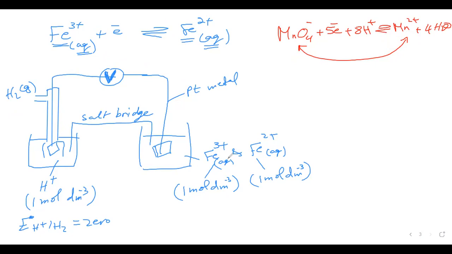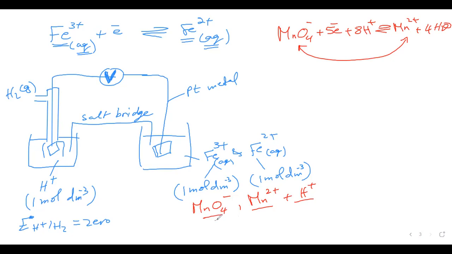But of course, instead of putting Fe2+ and Fe3+ aqueous solutions having 1 mole per decimeter cube, we are going to use the manganate ions, the Mn2+ ions, and a solution of an acid. Of course, all these are aqueous solutions of manganate ions, of Mn2+ ions, and a solution of H+.